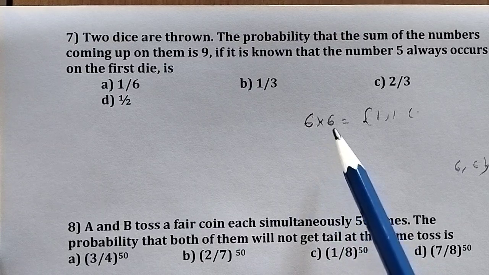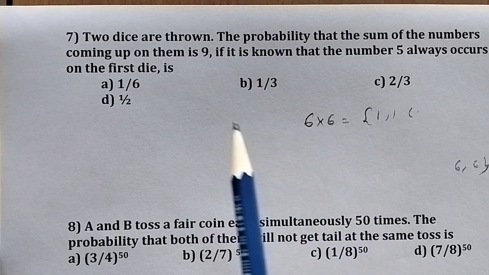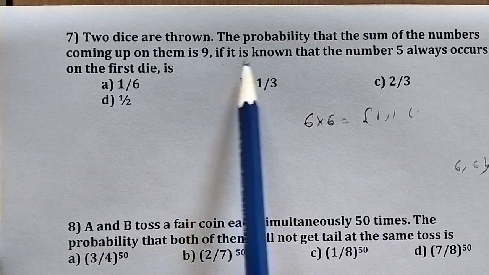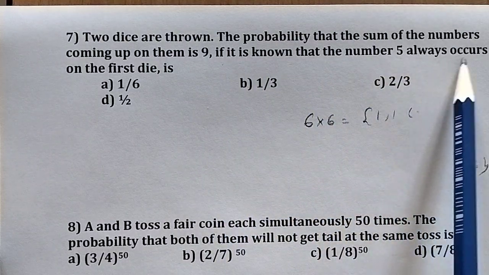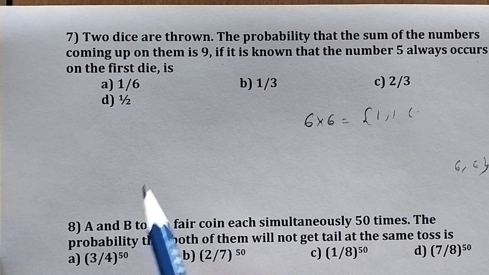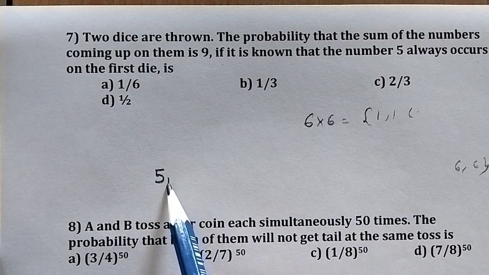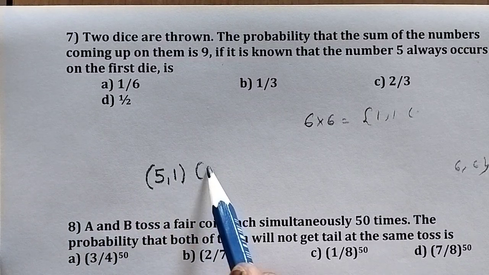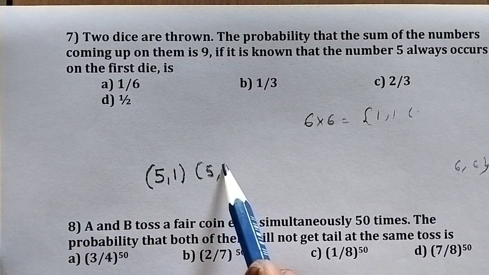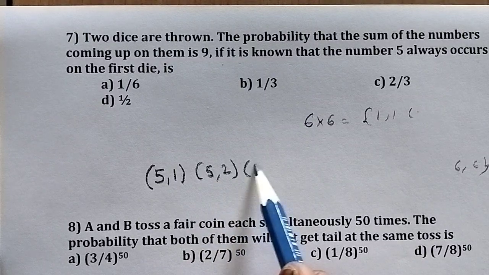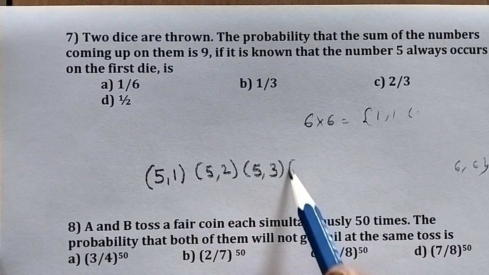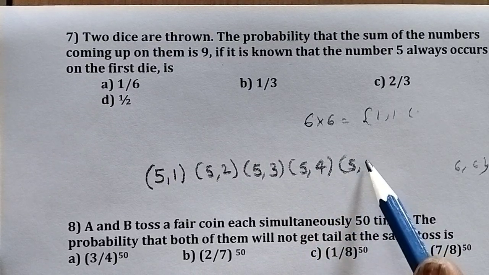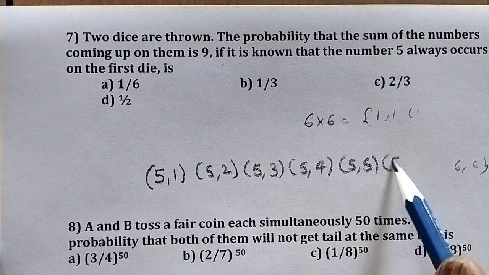But all outcomes are not needed here. The condition is that the number 5 always occurs on the first die. So for the total outcomes, we have to consider only the first die showing 5, and the second die will be any one of 1 to 6. So these are the total outcomes. Try to understand.